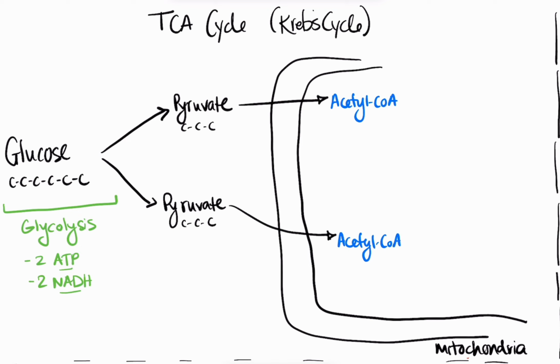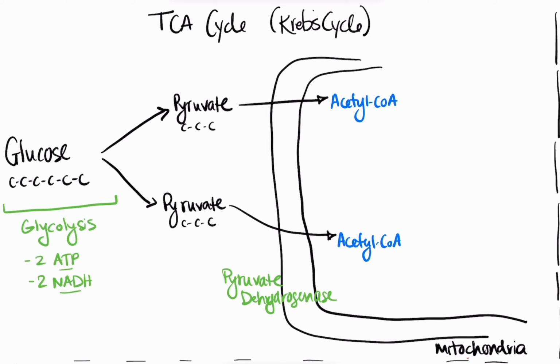acetyl-CoA. The enzyme that does this conversion is pyruvate dehydrogenase, an important enzyme that converts pyruvate to acetyl-CoA.